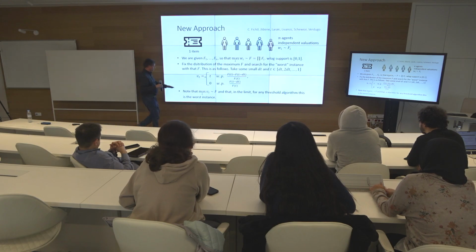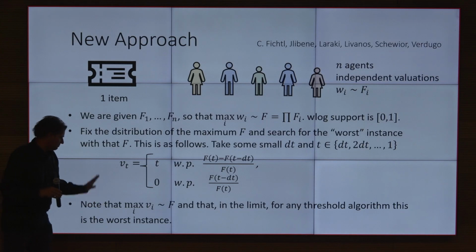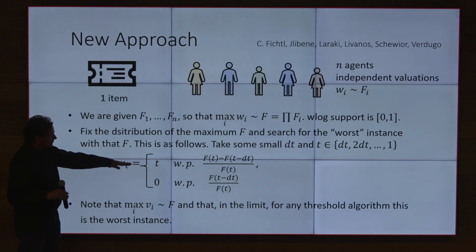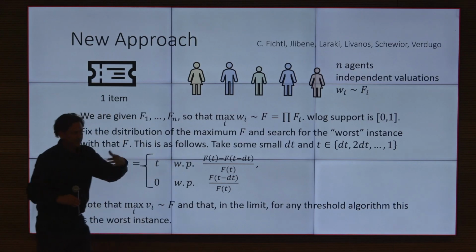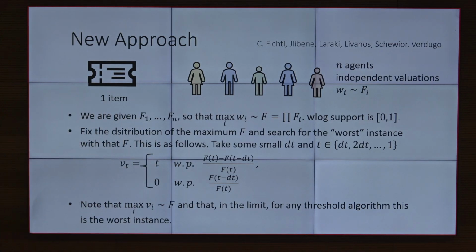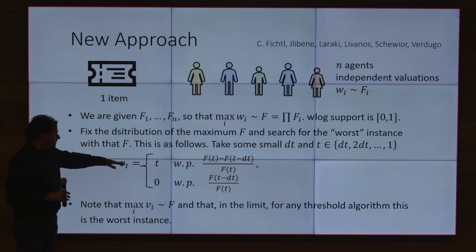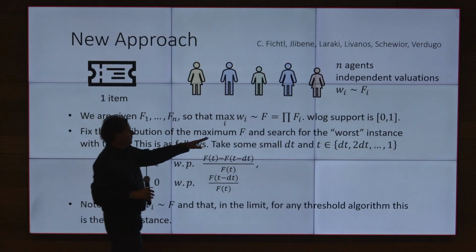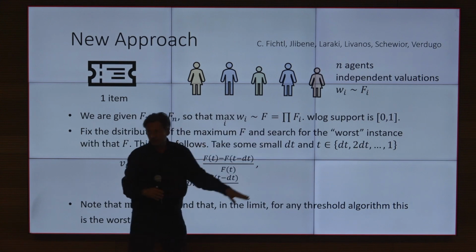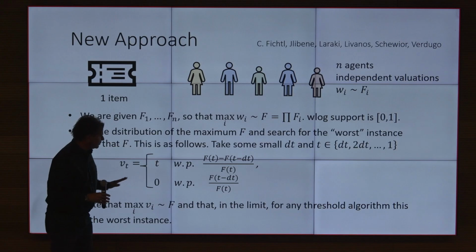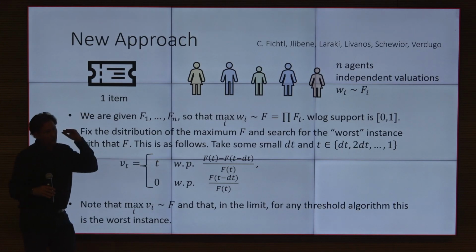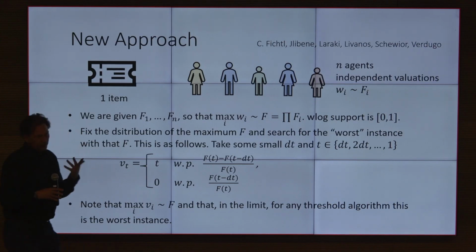It's not very hard to prove, you do the math, it's relatively simple to prove that the distribution of the maximum of this instance converges to f as dt goes to 0, of course, and that for any threshold algorithm, this gets worse than any other instance with the same distribution of the maximum. This gives you something worse. It's intuitively clear. These values are increasing, and if you fix a threshold, you will just pick the first one that's non-zero. So if you have a different instance, you will improve a little bit.